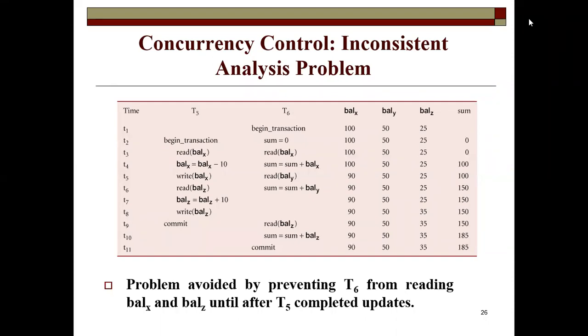Now at time T6, the transaction is the sum of 100 plus the balance of Y, the 50. That's how it goes to the 150. Is that clear?